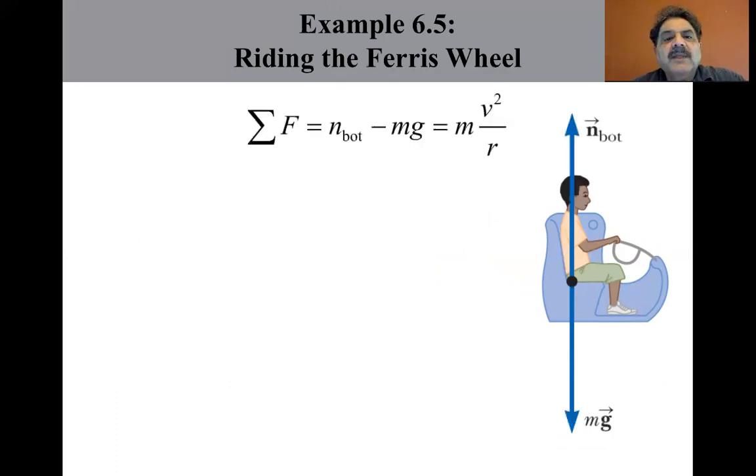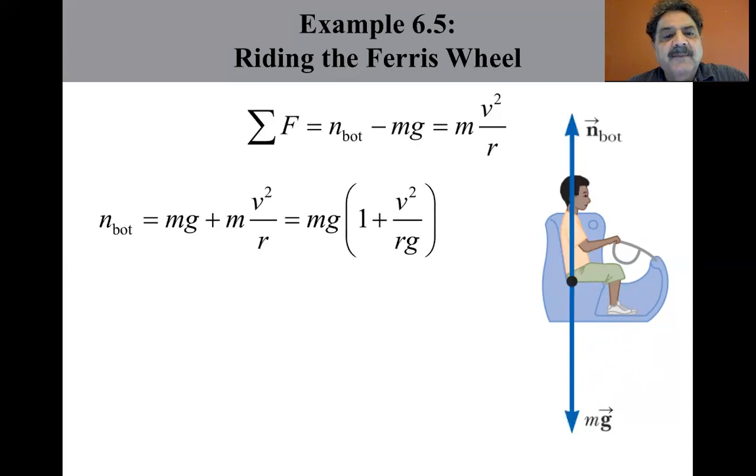The sum of the forces is equal to the normal force at the bottom minus mg, and that's equal to the mass times the centripetal acceleration, which is m v squared over r. Now solve for the force exerted by the seat on the child, n bottom. We just add mg to both sides.